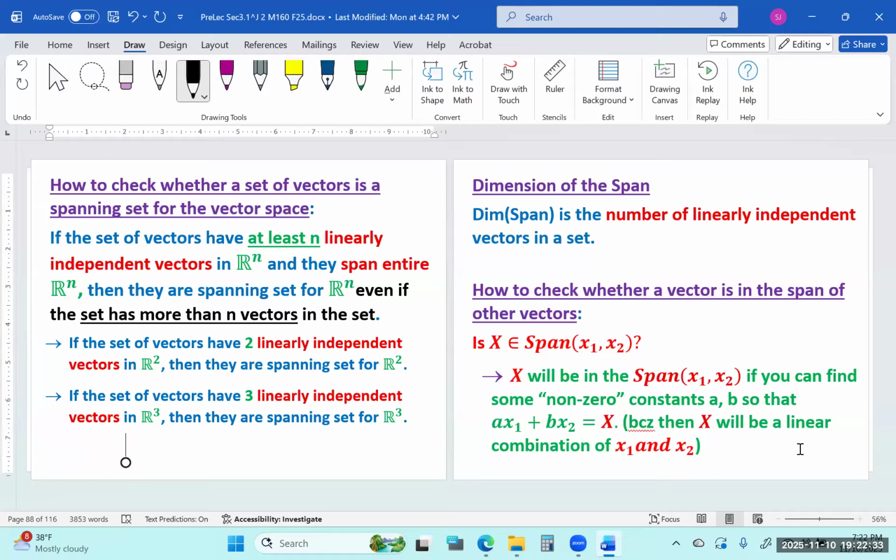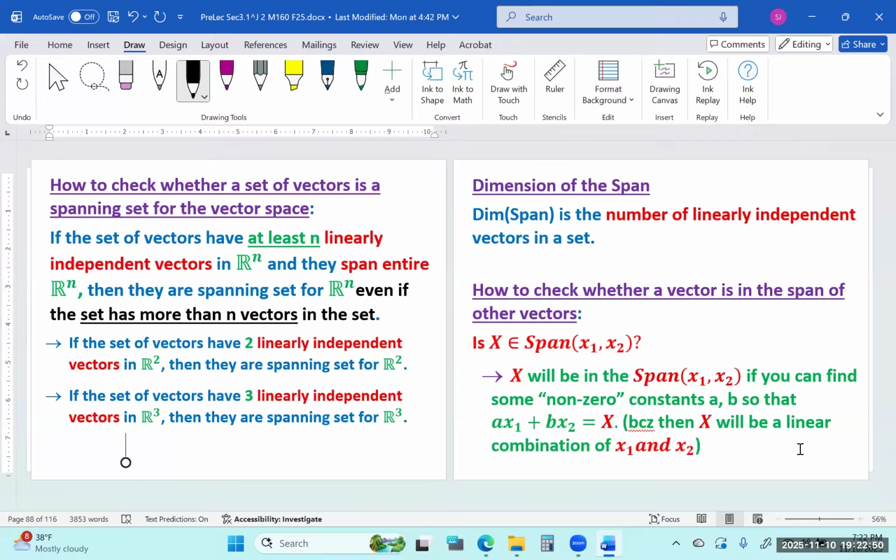So the third vector is a linear combination of the other two vectors. If you can figure out whether the third vector is a linear combination of the other vectors or not, then you can tell whether it is in the span of the other vectors or not.